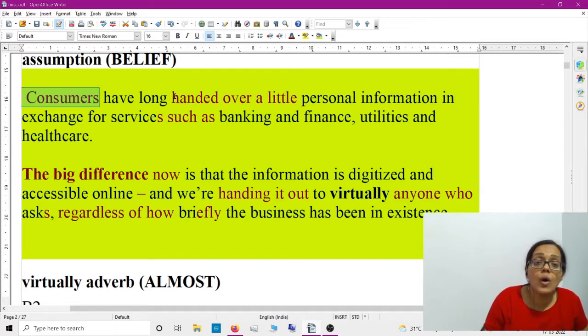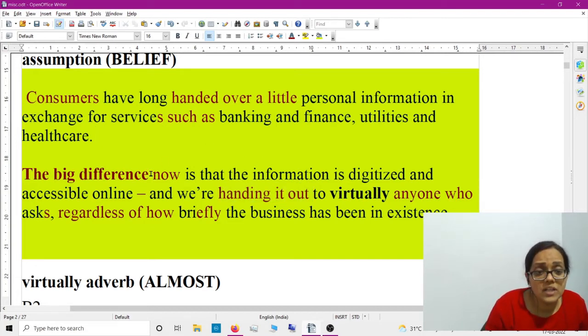Consumers have long handed over a little personal information in exchange for services such as banking and finance, utilities and healthcare. See the usage of such as. Handed over a little information, handed over. So handed over, handing it out. So these are the kind of vocabularies.